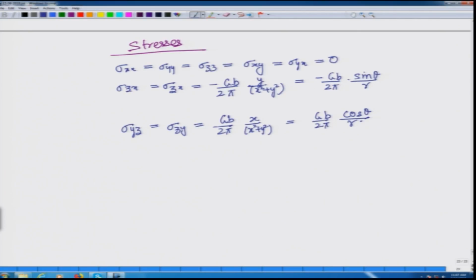So, we have the relation for stresses, and as you see we have only 2 components, or in fact 4 components if we look in the matrix form.